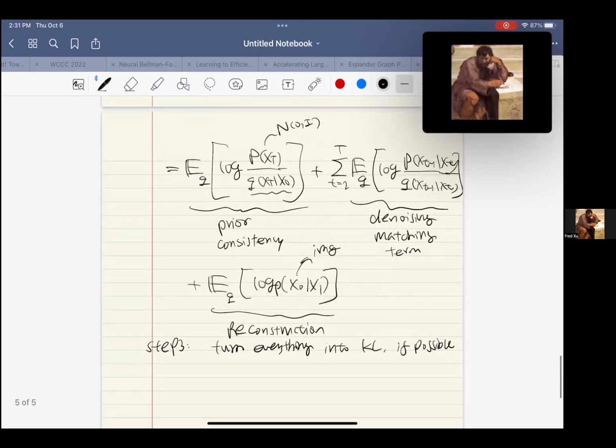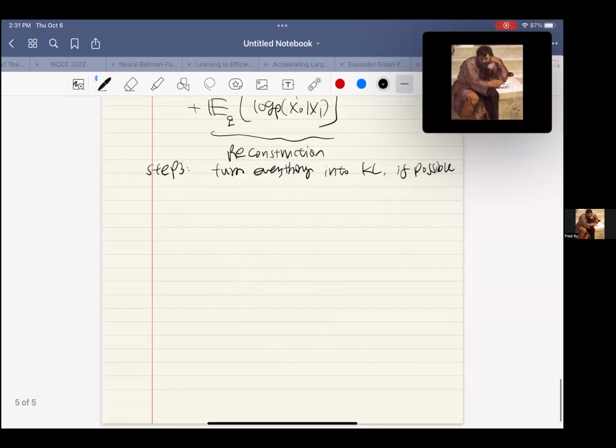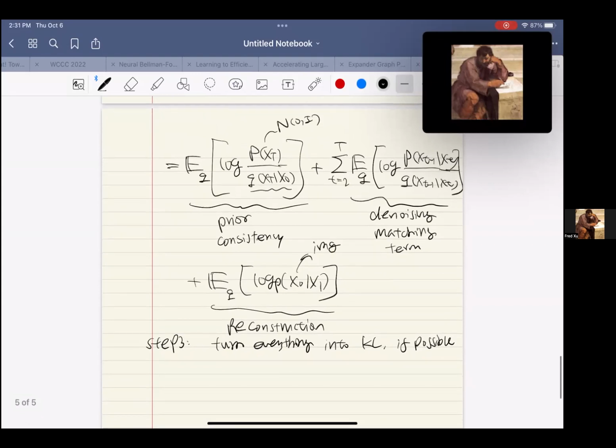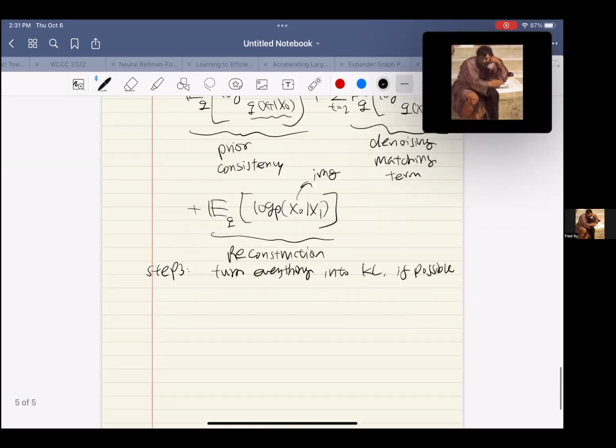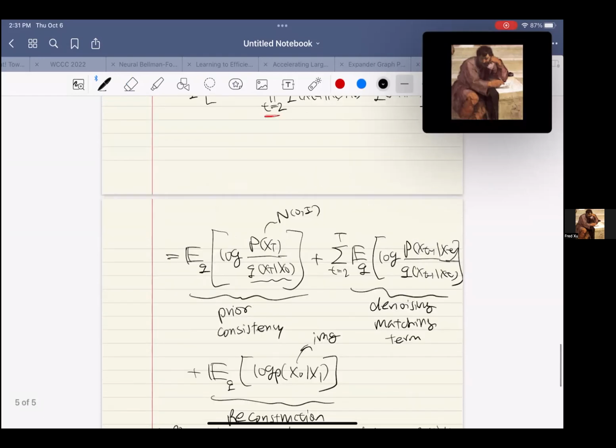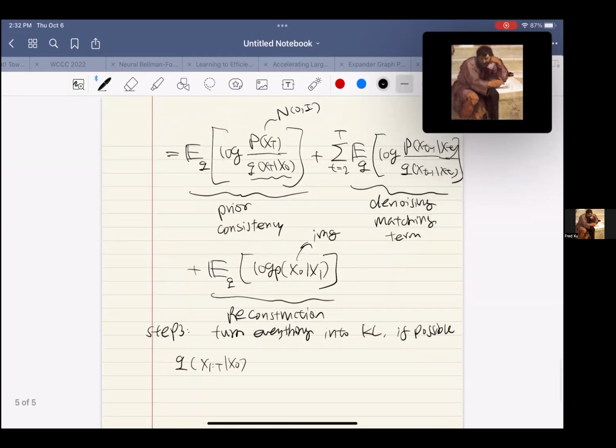So apparently the reconstruction term is not a KL divergence, right? Let's look at the prior consistency term. It doesn't really matter for our training, but is it a KL divergence? Turns out it is a KL divergence because, as I noted, Q was like this one. There's no Z. And if we look at the prior consistency term, the only random variable we have with respect to Q is xt.